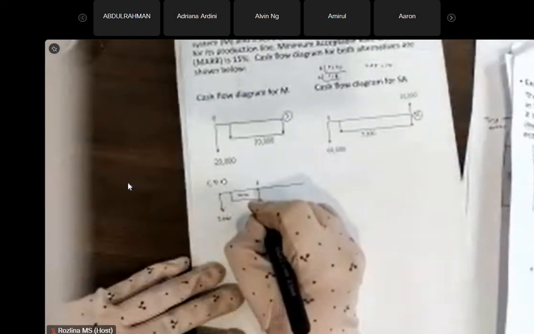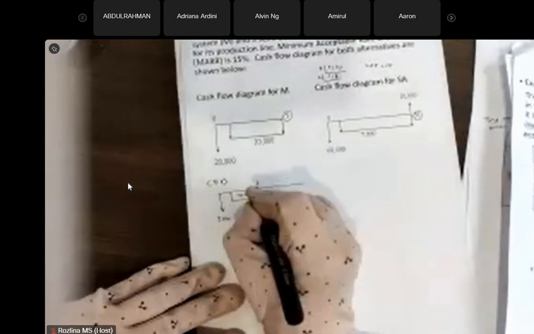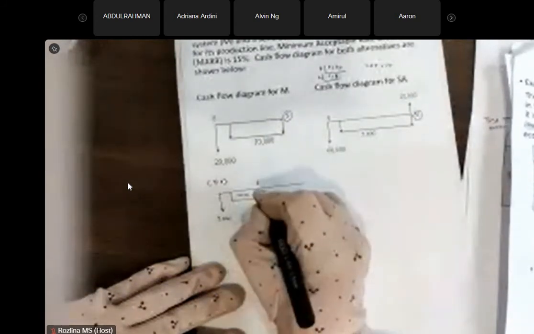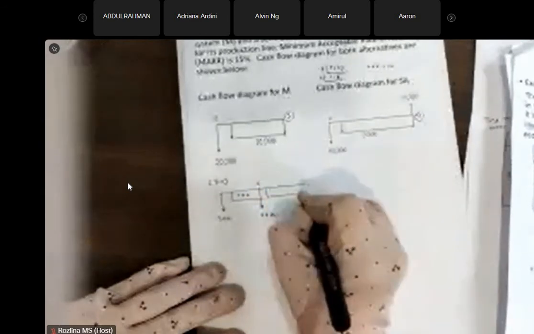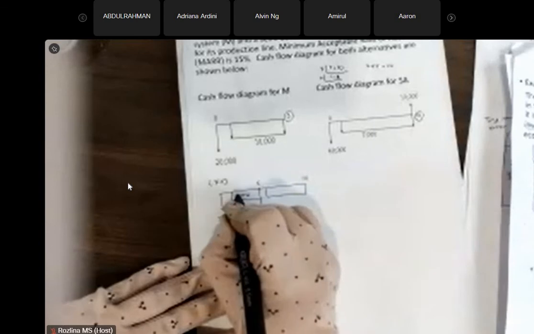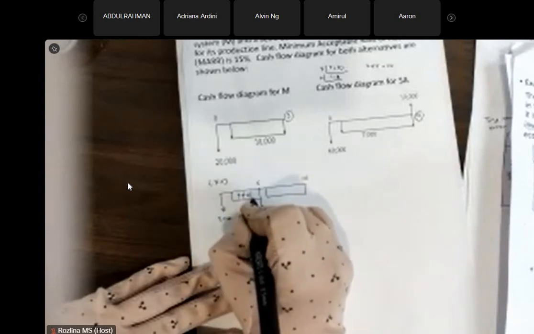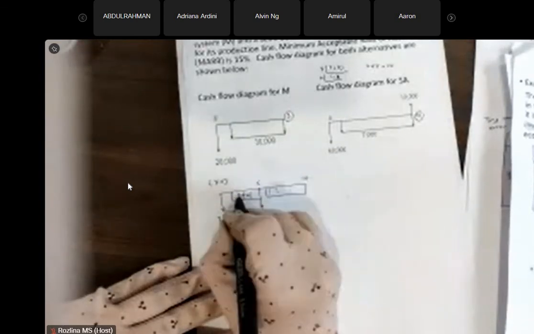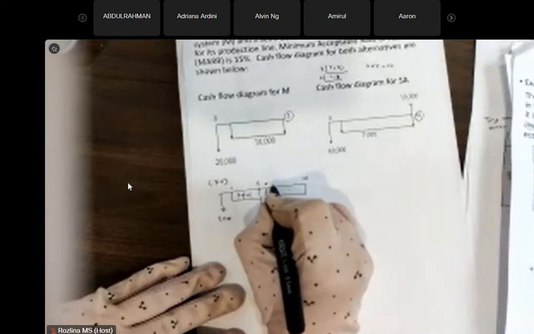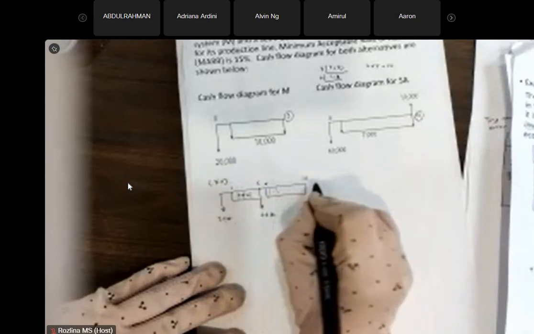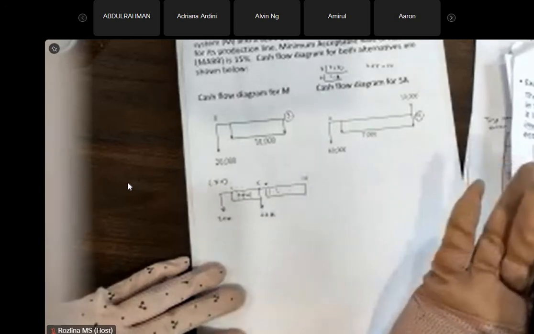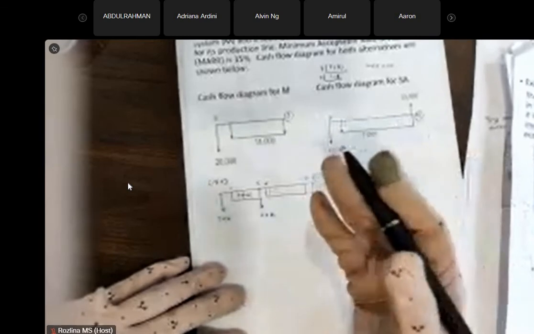The 20k at year 0 means year 5, and then this 20k repeats until 10 years. The 10k is all the same, 10, 10, 10, so 1 to 10 are all 10k. The A value is 10k.